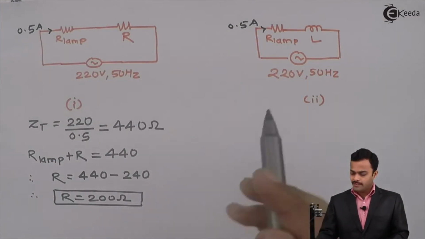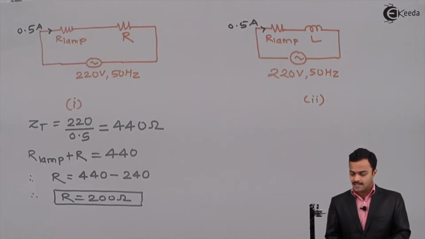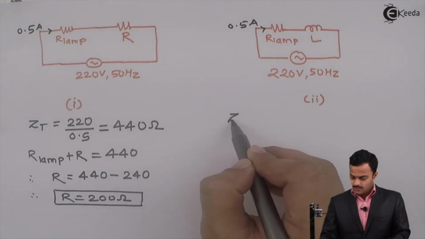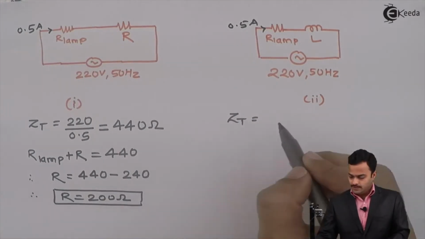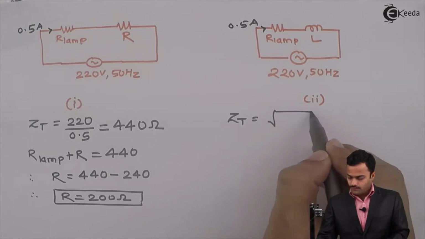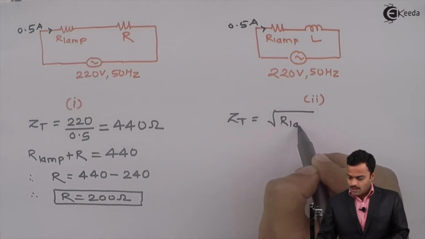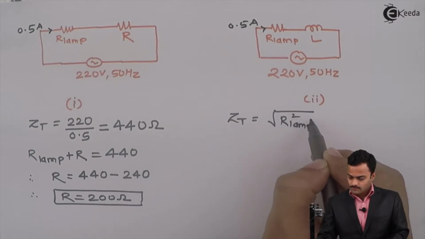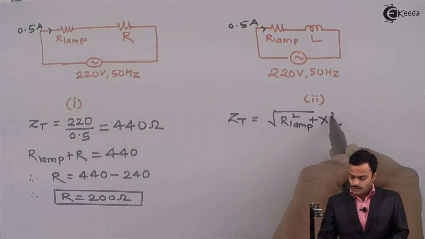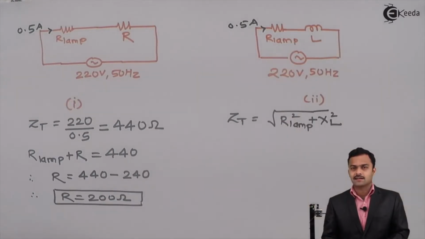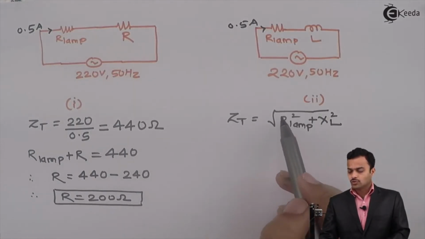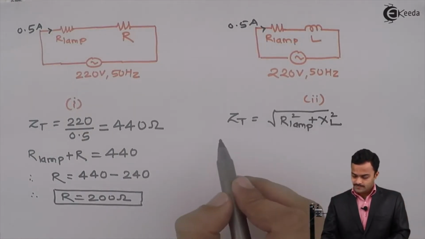Let's see if I have a pure inductance connected in series with the lamp. So ZT over here will be root of R lamp square plus XL square. See, it's a resistance and it's an inductor. So Z will be root of R square plus XL square.